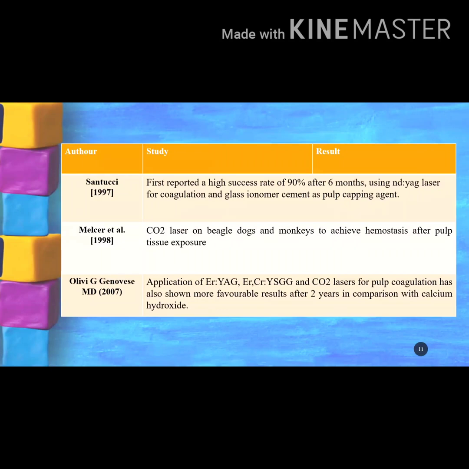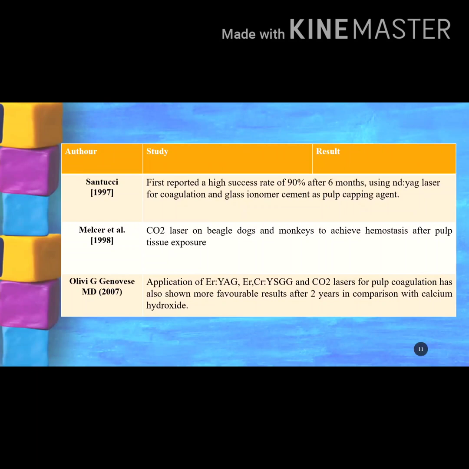Now this is the literature for direct pulp capping. Santos in 1977 first reported a high success rate of 90% after 6 months using Nd:YAG laser for coagulation and glass ionomer cement as a pulp capping agent.